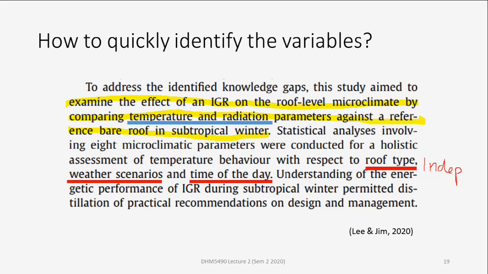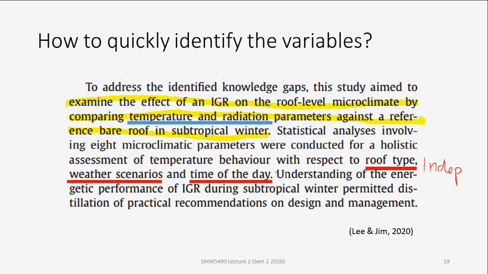Or I may ask, will the temperature be different in various weather scenarios? If I observe the temperature in sunny weather, will it be hotter than in cloudy weather? Also, I may measure the temperature from day to night and compare them.